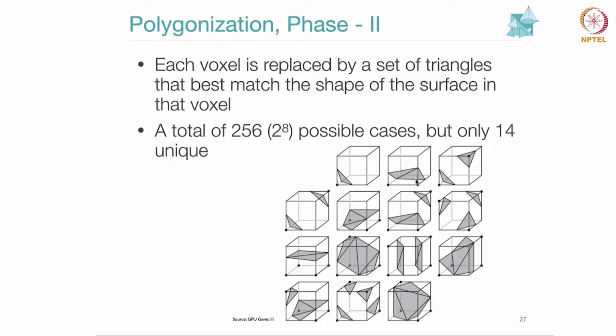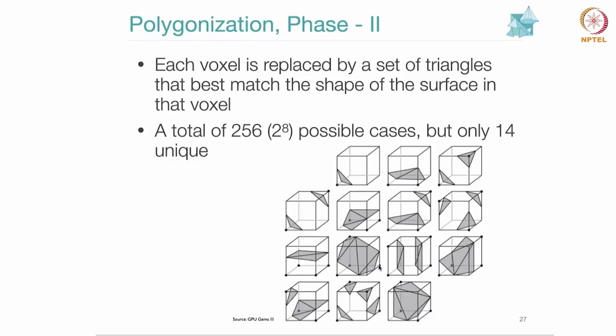The second case, for example, which has 2 negative values and the rest positive, will have a surface that cuts the edge of the cube. If you have two opposite corners that are negative, this could be one configuration, and so on and so forth. So depending on different configurations, you have different sets of triangles, right?